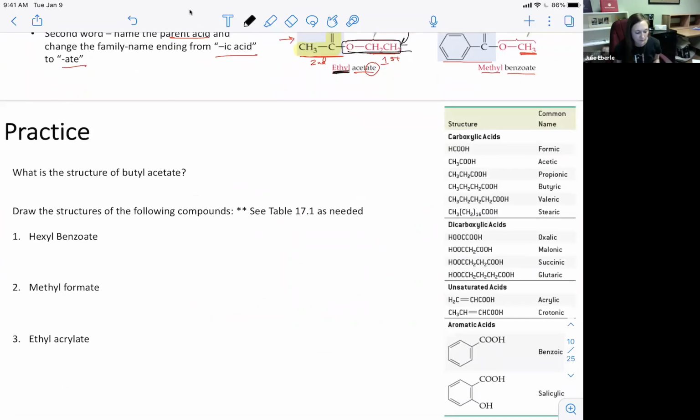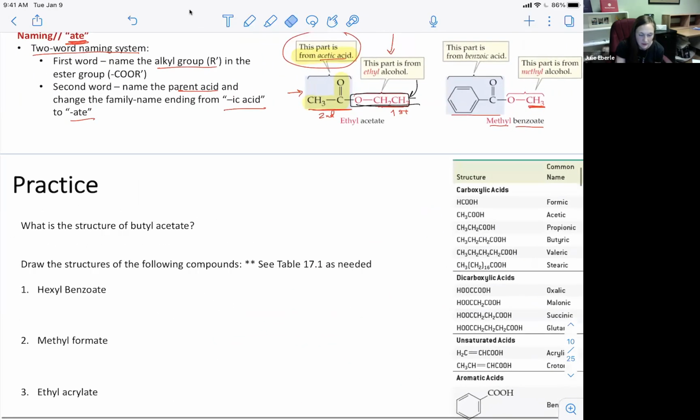What is the structure of butyl acetate? Okay, so let me erase because you actually have ethyl acetate here. Look at that. Consider how butyl acetate is going to be different and try to draw butyl acetate.